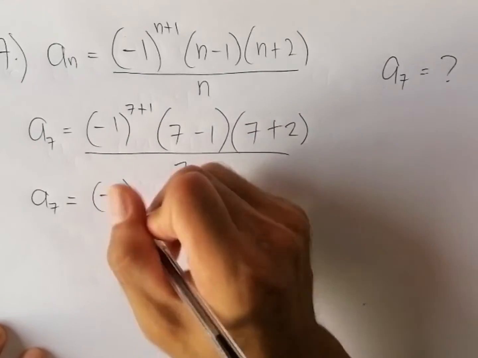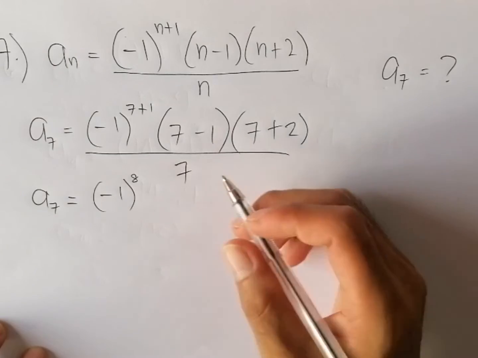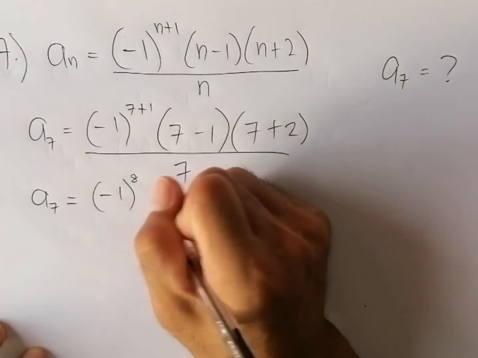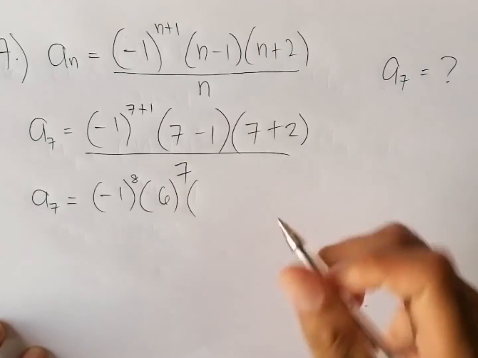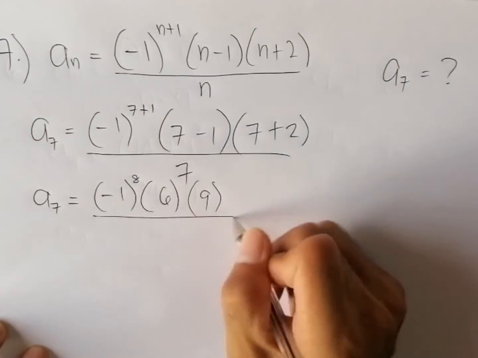Then 7 plus 1 is equal to 8, 7 minus 1 is 6, then 7 plus 2 is 9, all over 7.